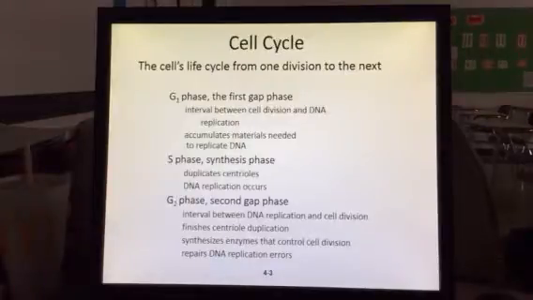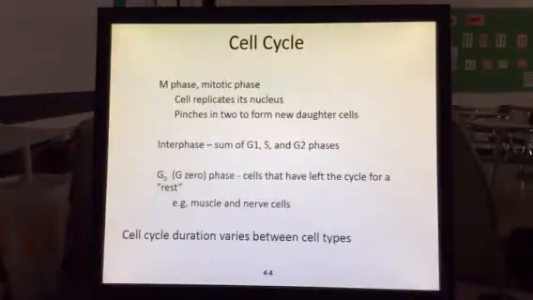Something to notice about G2 is it talks about repairing DNA replication errors. We're going to talk about that when we get to DNA replication. It also prepares for cell division. It talks about making enzymes that control cell division. So G2 is growth, but it's also getting ready for that main event of cell division.